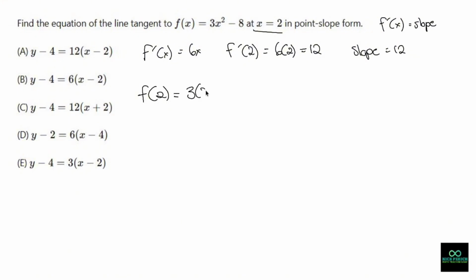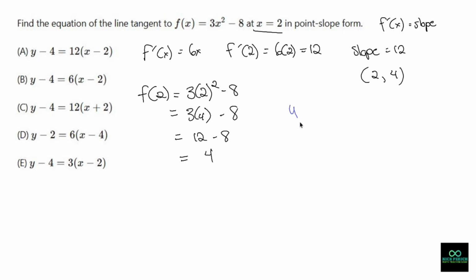So 3 times 2 squared minus 8 is going to be 3 times 4 minus 8, which is going to be 12 minus 8, which is going to be regular old 4. So if I have a slope of 12, and now I have a point of 2, 4, I have enough information to make point slope form.